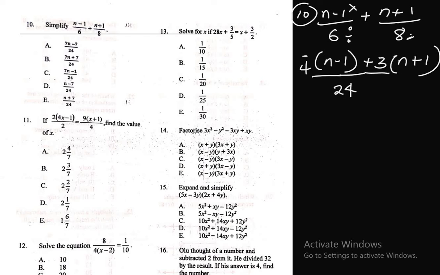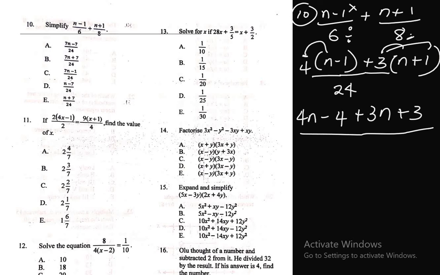So use this 4 to multiply each of the term in this bracket to break it. 4 times n will give me 4n minus 4 times 1 is 4. Okay, plus 3 times n plus 3n. 3 times 1 will give me 3 over 24. 4n plus 3n will give me 7n.